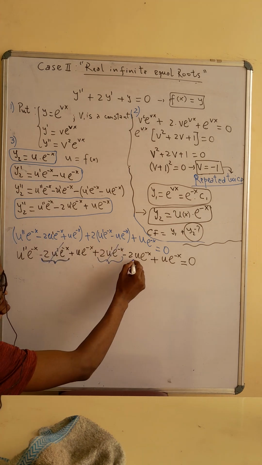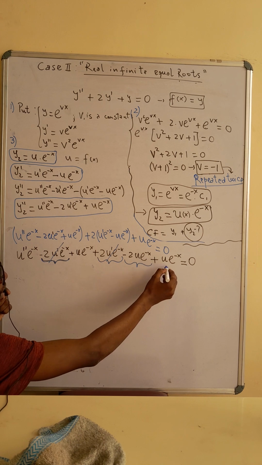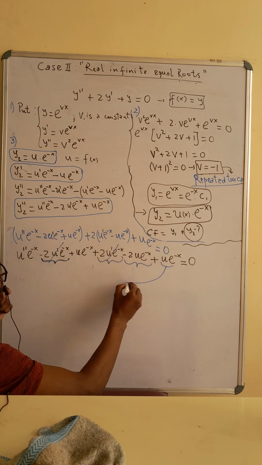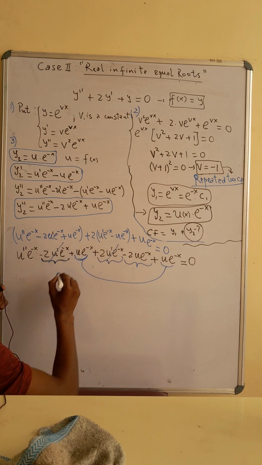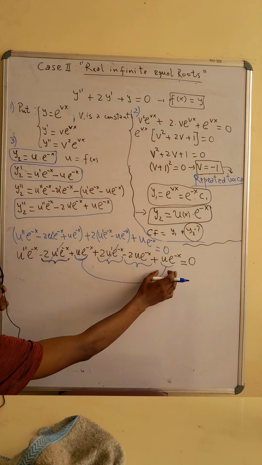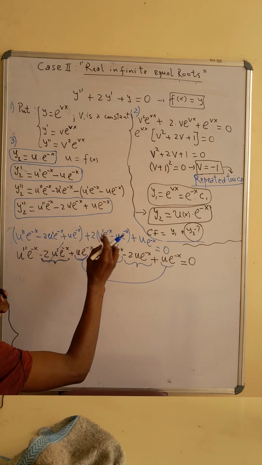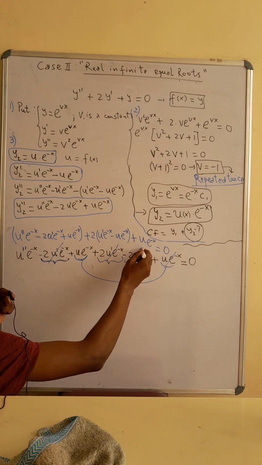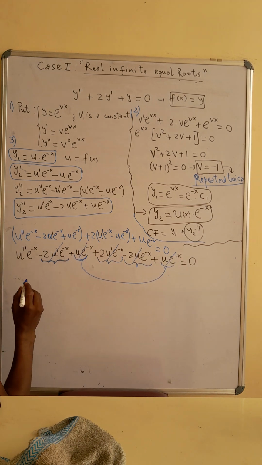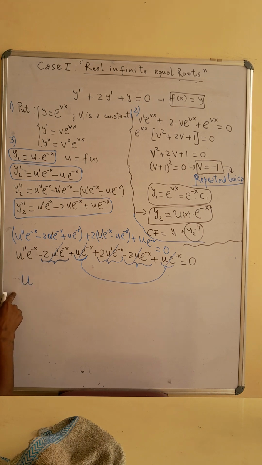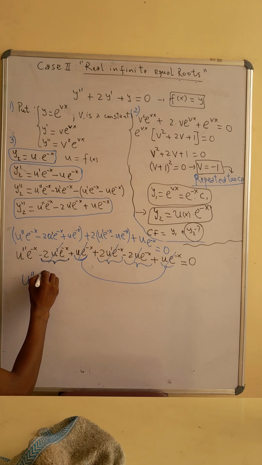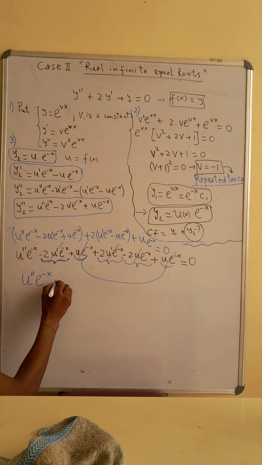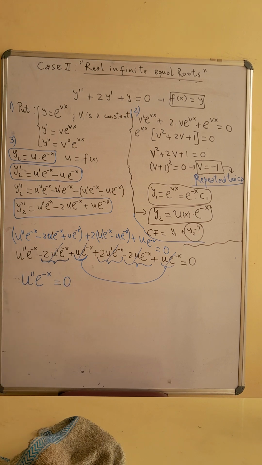If we put this and this one together, this will be 2u Euler raised to minus x, and here minus 2u Euler raised to minus x. They will be cancelled out also. What will I remain with here? I will remain with only u double dash Euler minus x is equal to 0.